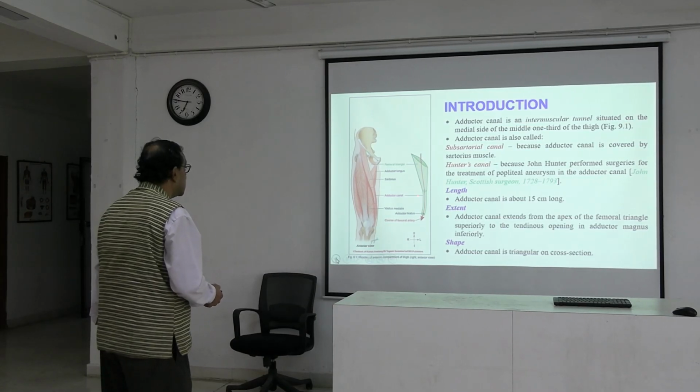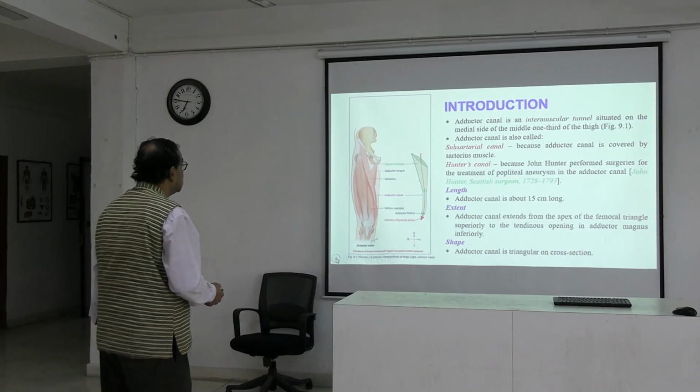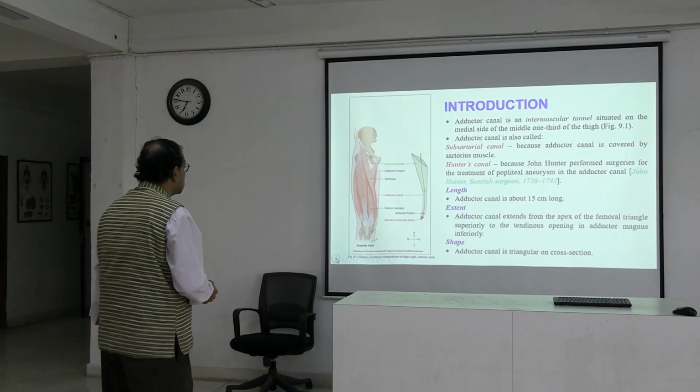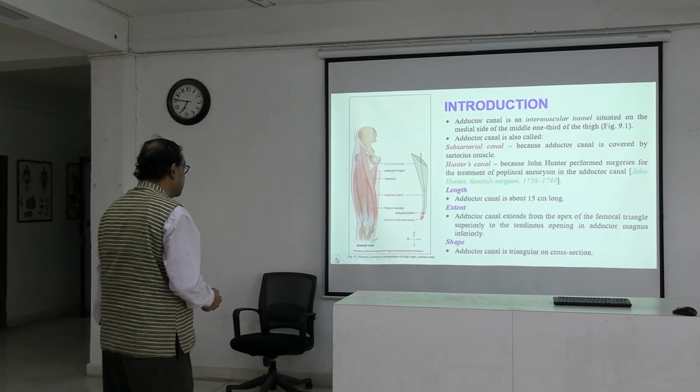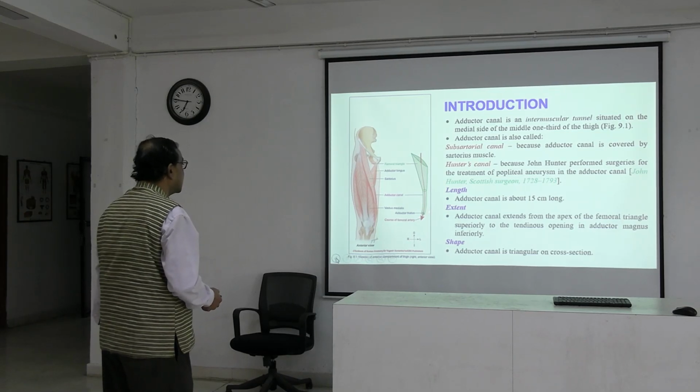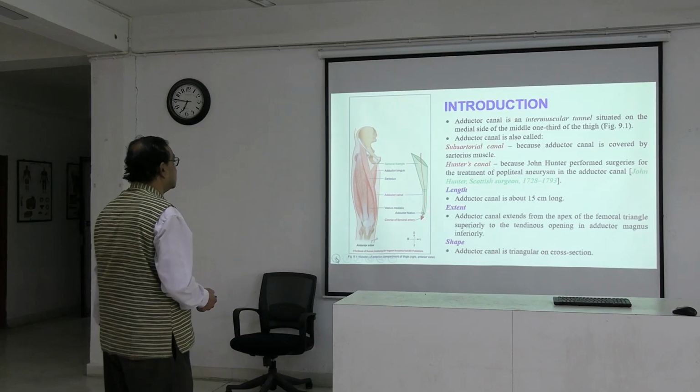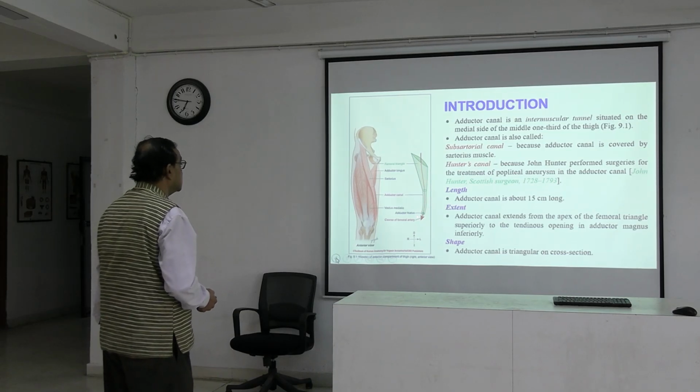So, what is the extent of this canal? It starts from the apex of the femoral triangle and ends in the adductor hiatus of the adductor magnus. So, this is the extent of the adductor canal.